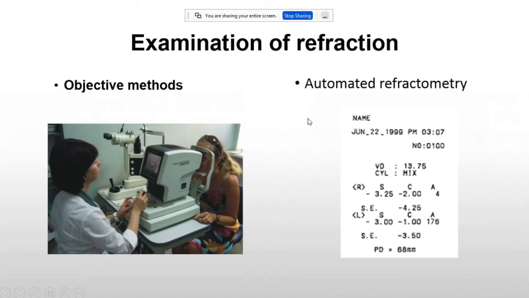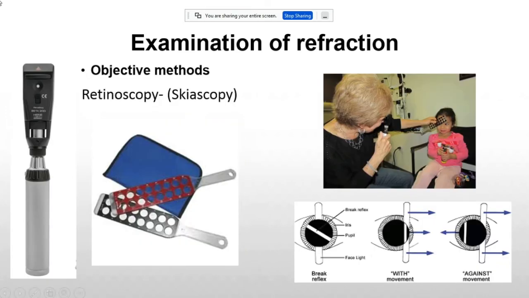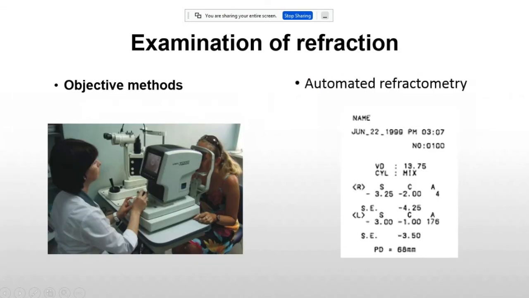It's very easy to use automatic refractometry, but we still use cycloplegia, because otherwise the patient accommodates and might hide the refractive error, especially the plus diopters. But in small children, especially with strabismus, with squinting, retinoscopy is compulsory. We can't rely only on this computer testing.